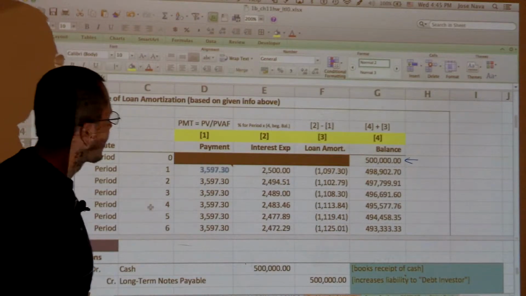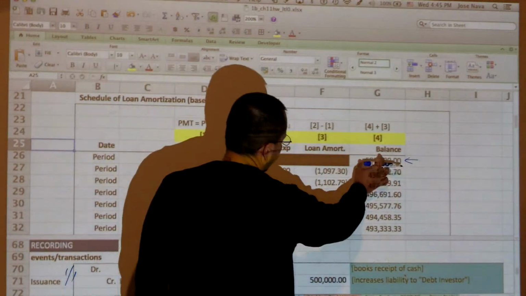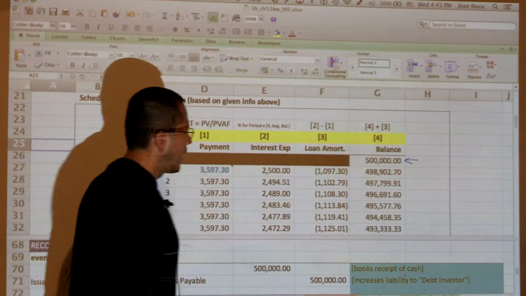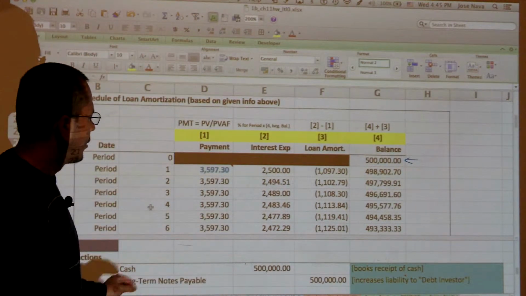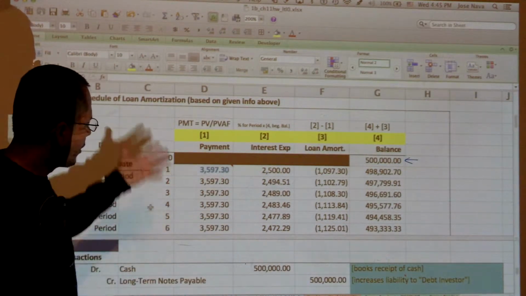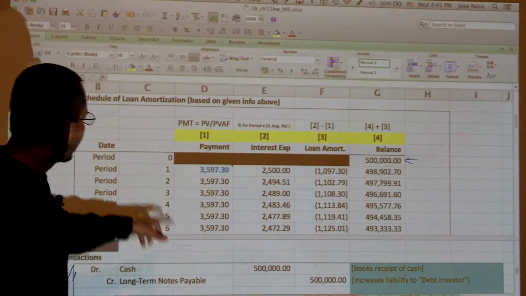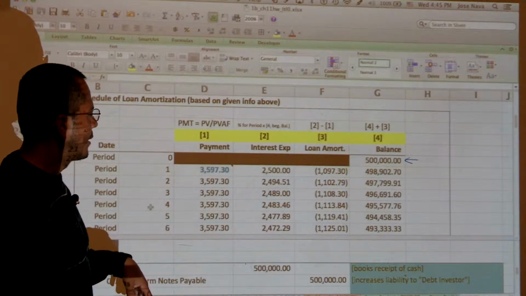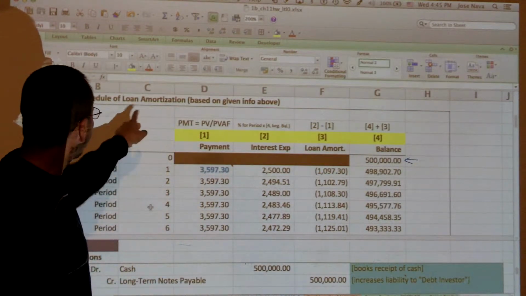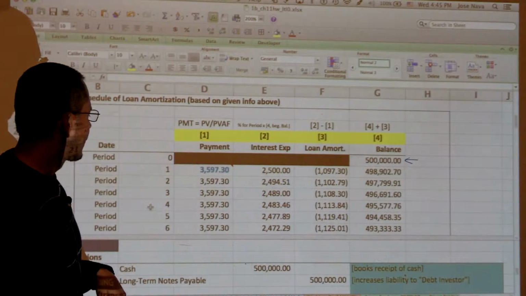As you see later, this loan amount is reduced as the loan is amortized on a monthly basis. So even though this loan is really for about 23 years, we're only going to be looking at the first few periods so that you see how the amortization schedule works.